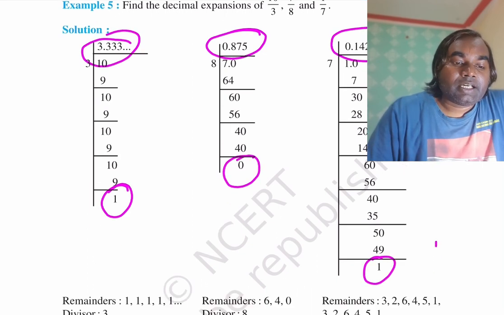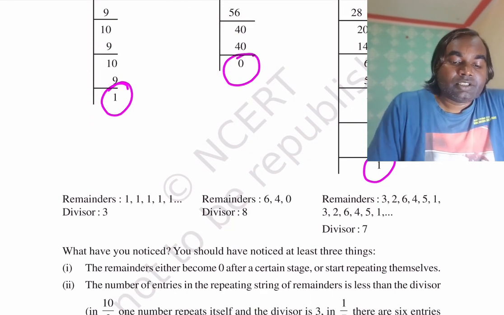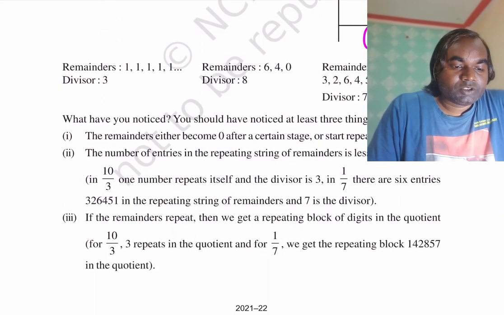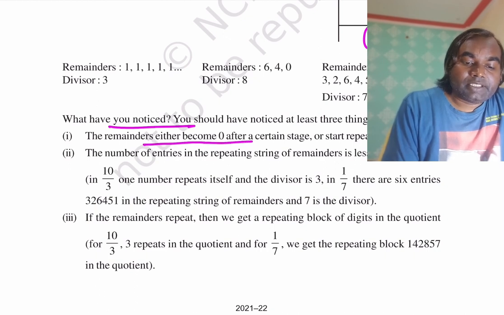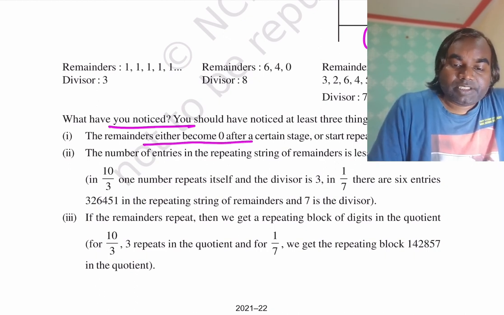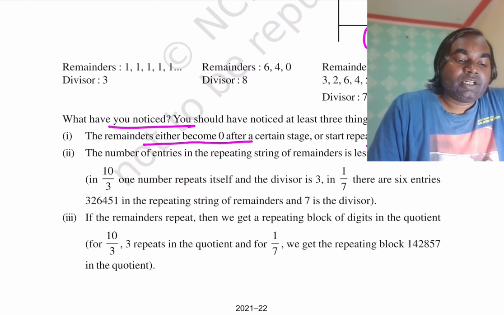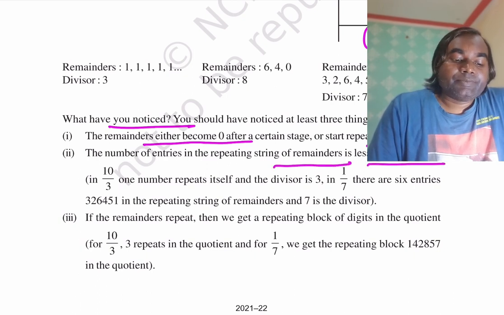That means either the division is complete or some remainder keeps coming out. It should be noticed that the remainders either become 0 after a certain stage or start repeating themselves. The number of entries in the repeating string of remainders is less than the divisor.